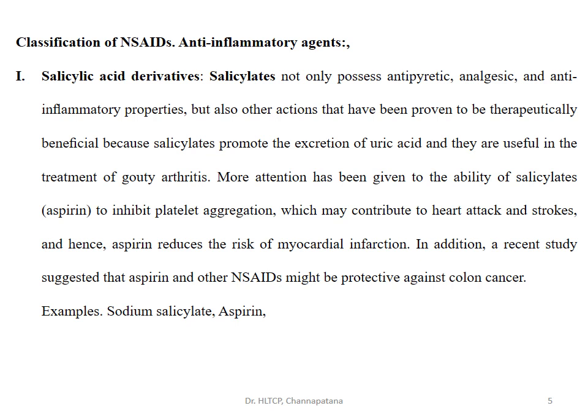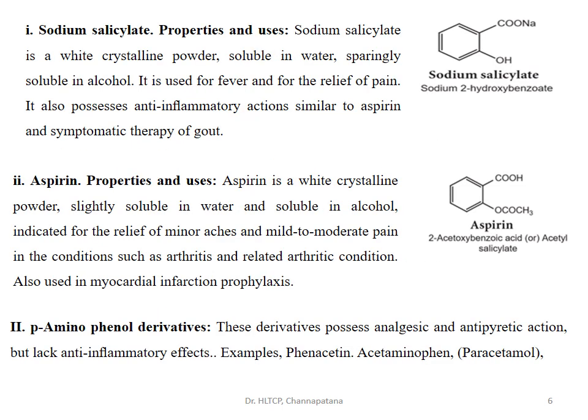So examples of salicylic acid or salicylates are sodium salicylate and aspirin. Sodium salicylate is sodium 2-hydroxybenzoate. It is used for fever and for the relief of pain. It also possesses anti-inflammatory action similar to that of the next drug, aspirin, and is used in symptomatic therapy of gout.